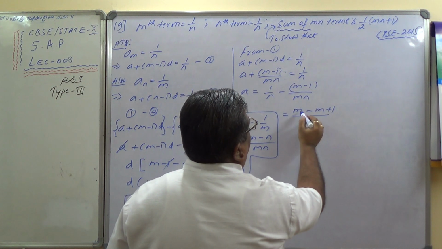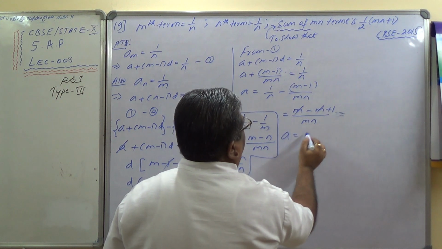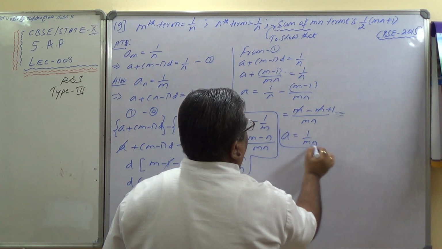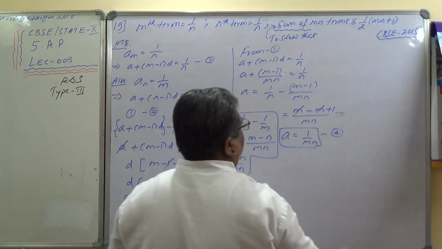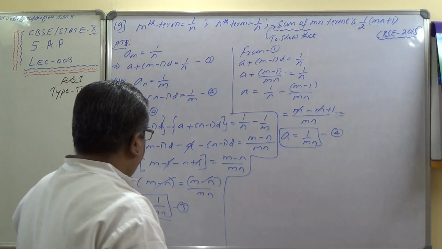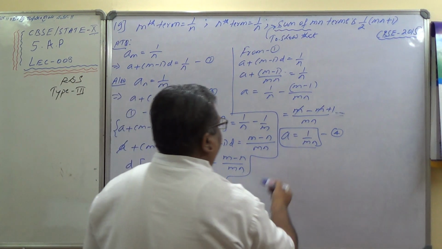Correct. So plus m minus m cancels and therefore a equals 1 by mn. Fourth, both a as well as d are 1 by mn from 3 and 4.